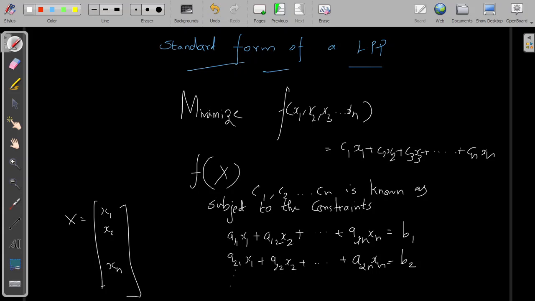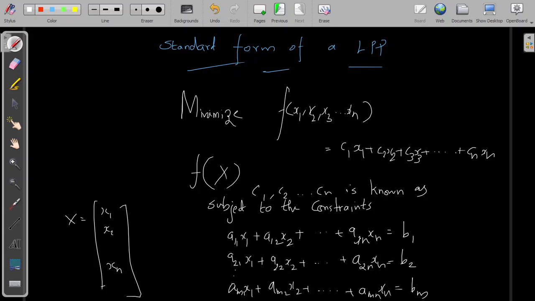etc. We have m number of constraints associated. So am1 x1 plus am2 x2 plus etc. plus amn xn equal to bm.